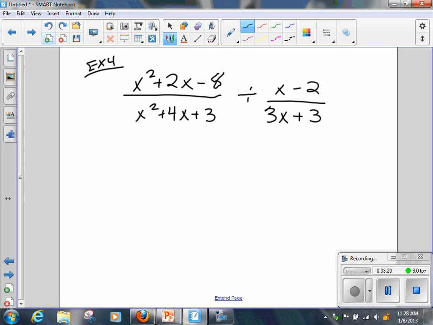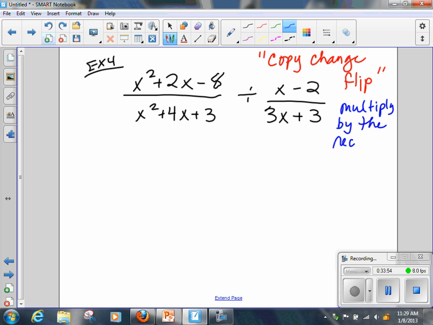Okay. Say it. Copy, change, flip. I like copy, change, flip better because it tells you what to do. Write this down. Copy, change, flip. What are we actually doing? Multiplying by the reciprocal. Okay? We're actually multiplying by the reciprocal. That's what we're doing.